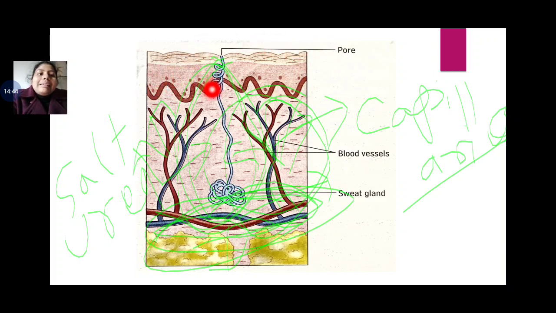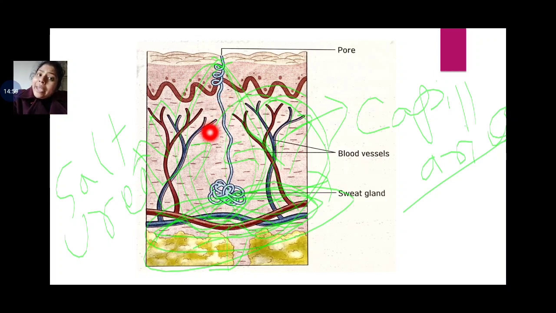So, the skin generates heat or energy, so that when the sweat comes on the surface, it gets evaporated. And when the sweat is evaporated, we feel comfortable, we feel cool.